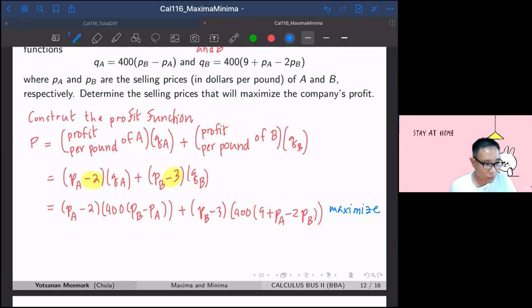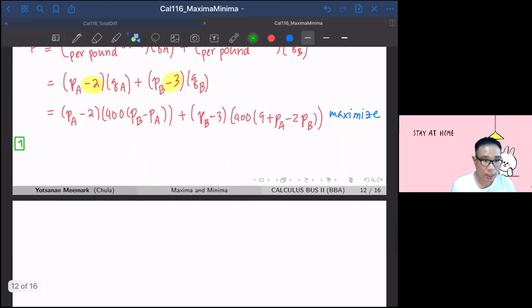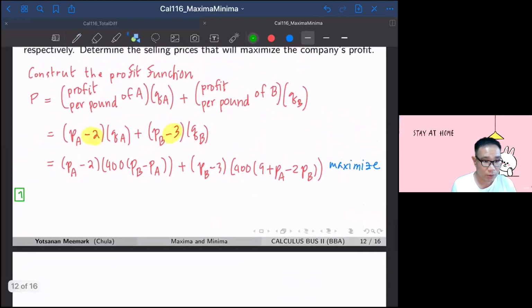Let me just check whether I have the correct function. Yeah, everything is correct. It seems long, however, it's not that difficult to differentiate. After you have the function, you proceed by finding the derivative with respect to PA and the derivative with respect to PB.